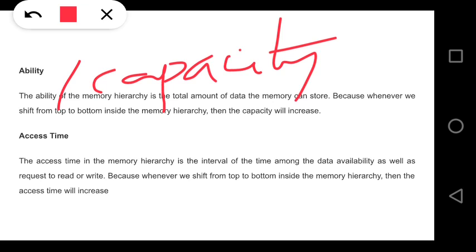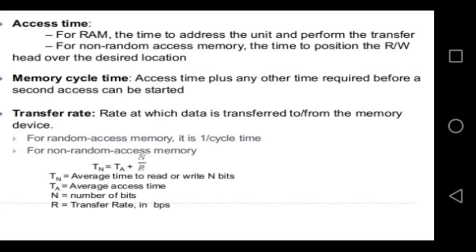The amount of time required to complete the read request operation, or the amount of time required to complete the write request operation, this duration is called access time. Whenever we shift from top to bottom inside the memory hierarchy, the access time will definitely increase. We'll discuss some more points about access time in practical.